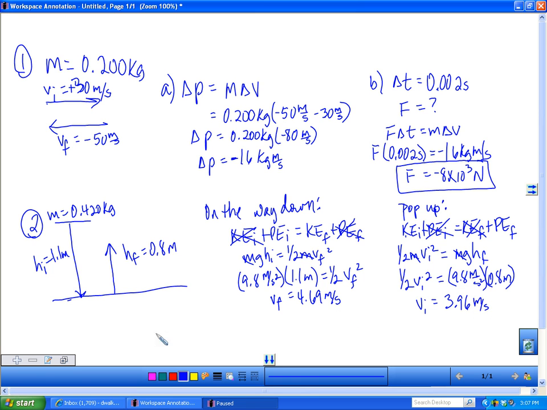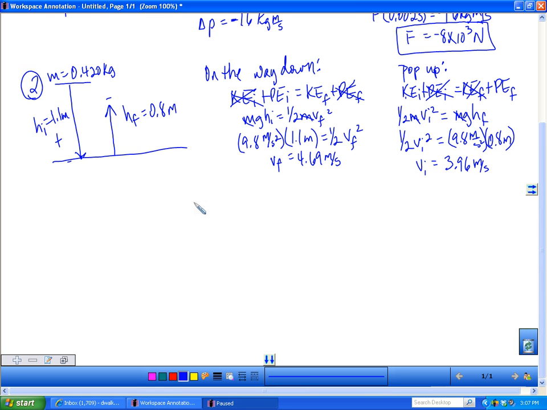Now be careful because you've got them headed in opposite directions, obviously. So one of them needs to be positive, one of them needs to be negative. I'm going to make this one positive, and this one negative. So what I know now is that they want me to find the impulse delivered to the ball by the floor.